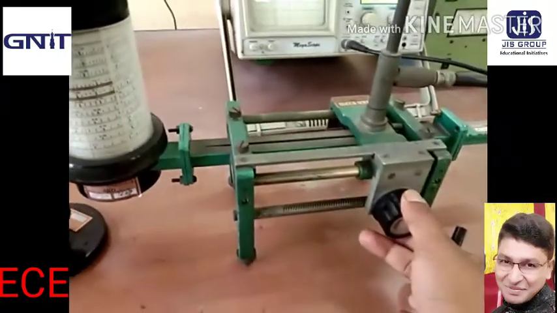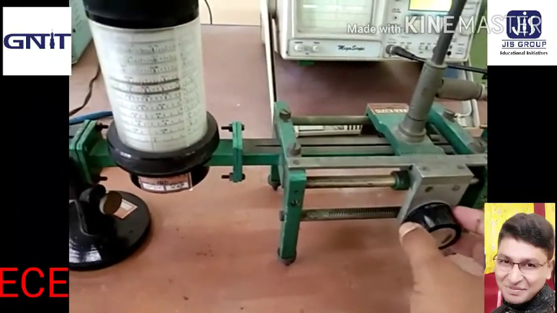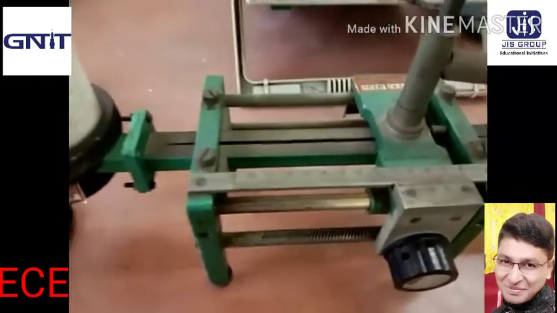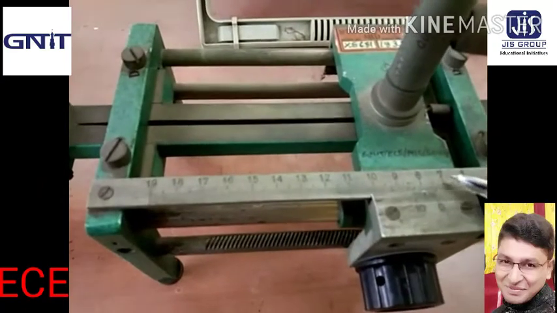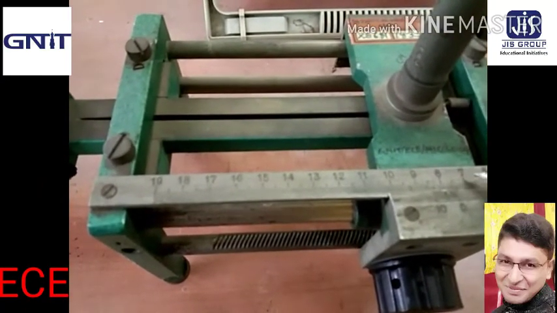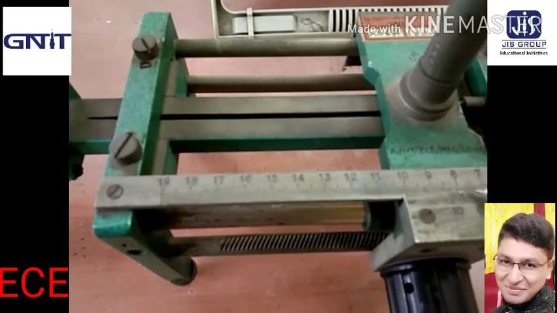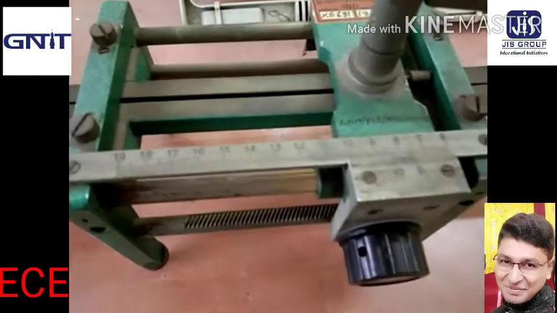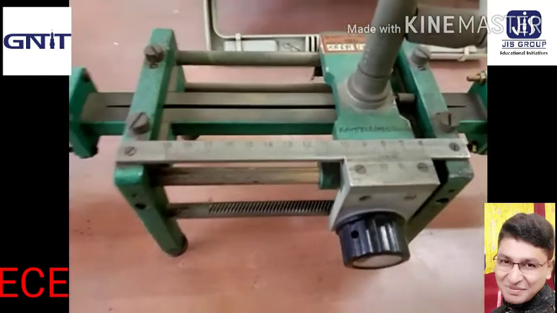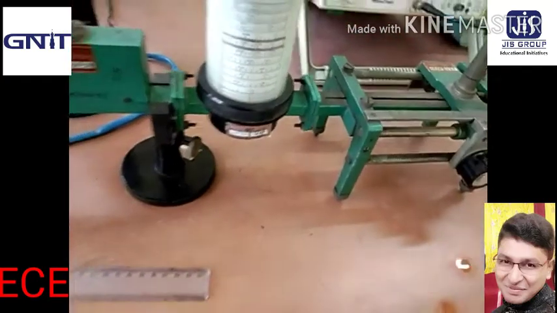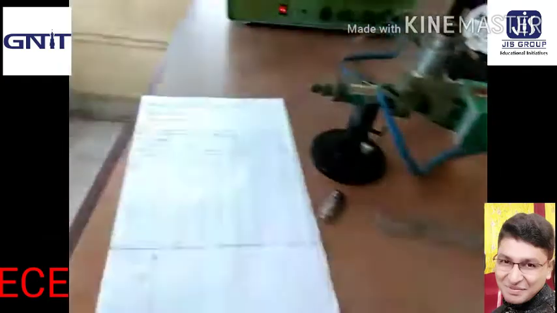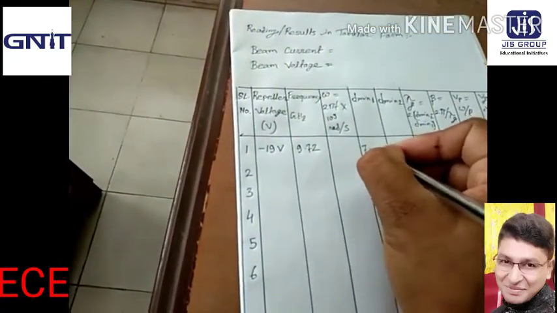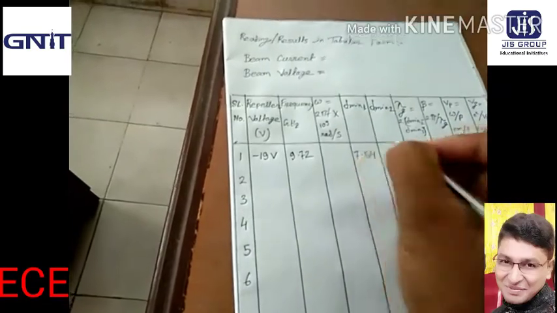Then measure the D min. This is D min 1, 7.54. Note down D min 1, 7.54.